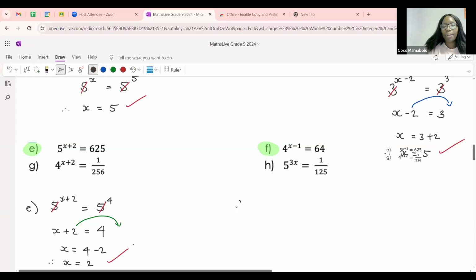And F, if we do F, I know that I have 4 to the power of x minus 1. If I click my calculator and put 64 in, I'm going to get 2 to the power of 6. Which isn't going to help me, which means I now need to split 6 into 2 times 3. So I'm going to get 4 to the power of x minus 1 is equal to 2 to the power of 2 times 3.